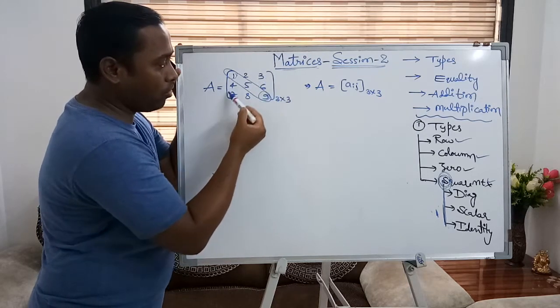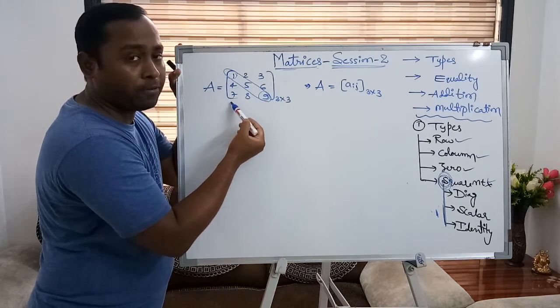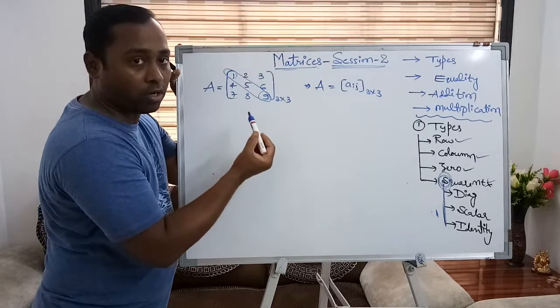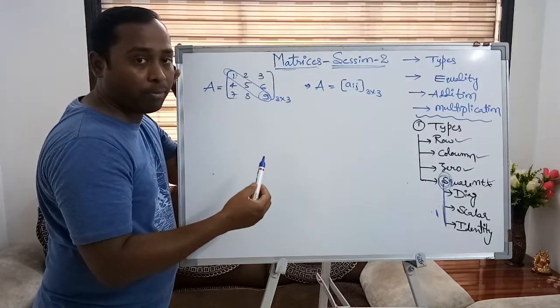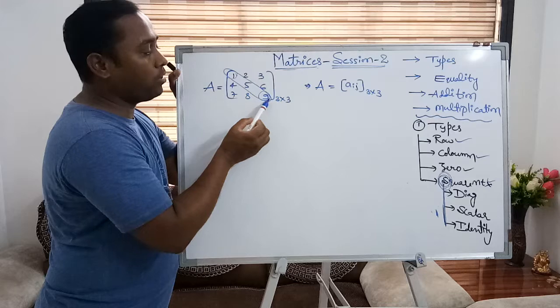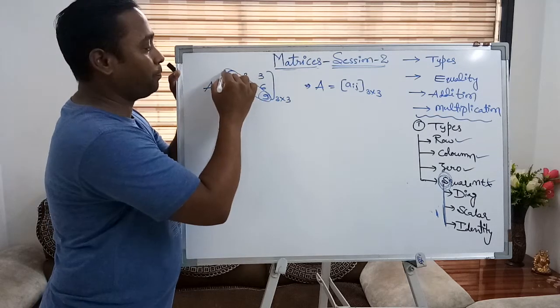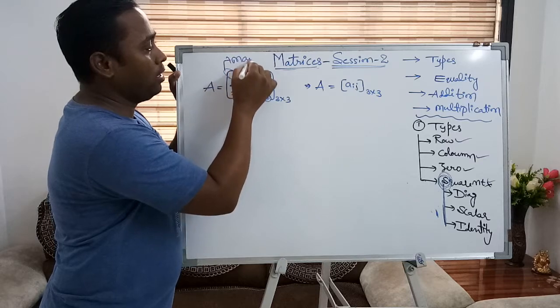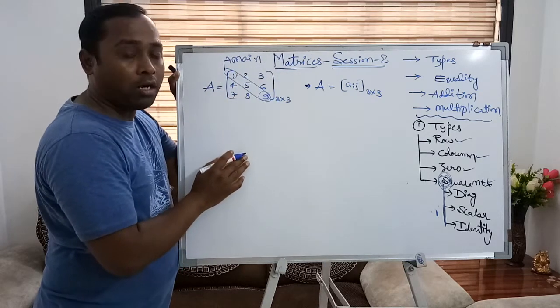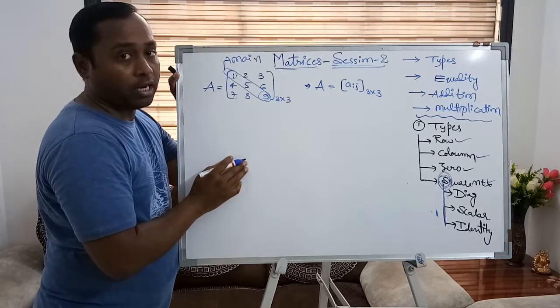Definitely this is also a diagonal, 3 5 7, but it's not the main diagonal. When we say diagonal elements, we are talking about the main diagonal, also known as the principal diagonal.